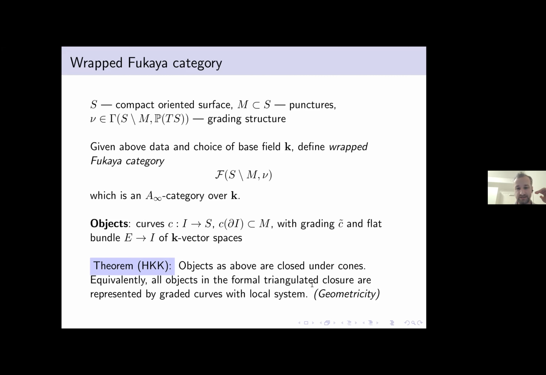But the importance is that we can really understand all of this, because Bridgeland stability conditions should be defined on a triangulated category, and here we can understand all objects of that triangulated category very geometrically, in terms of curves with flat bundles. Okay, any questions at this point?